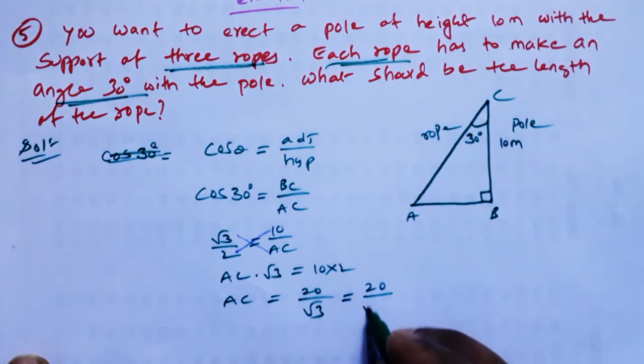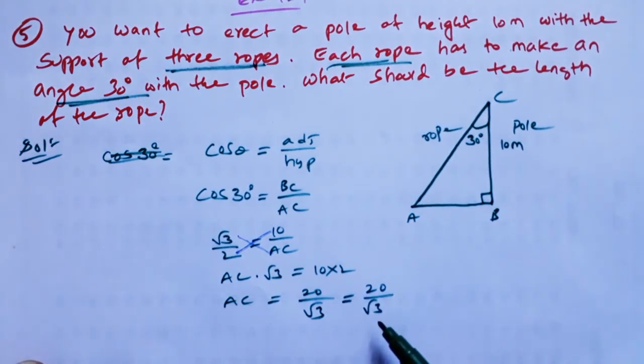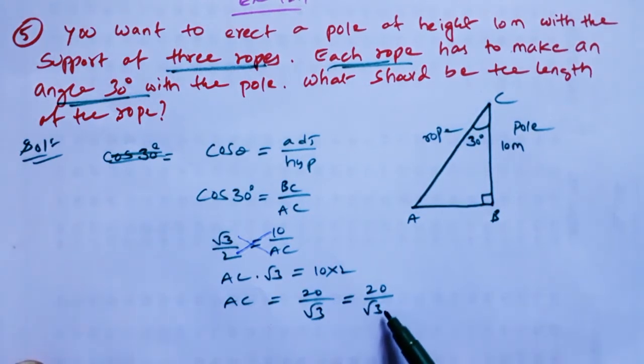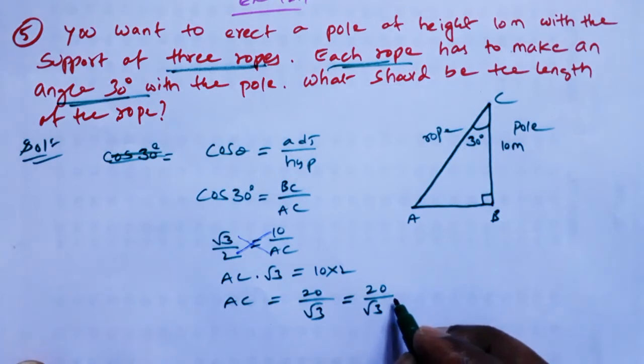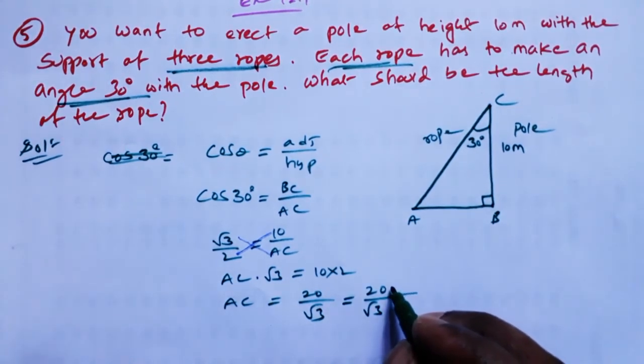In the denominator we have an irrational number. Root 3 is an irrational number. We have to make it a rational number. So what do we have to do? We have to do rationalization.